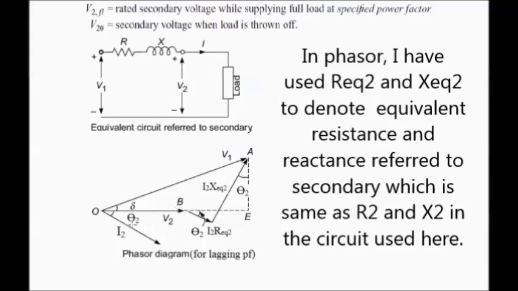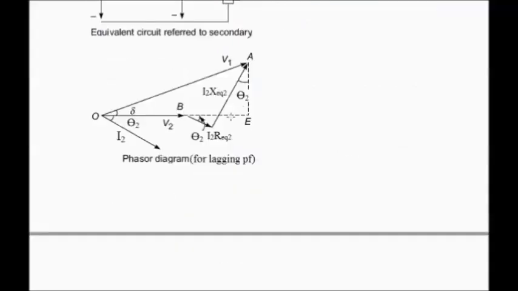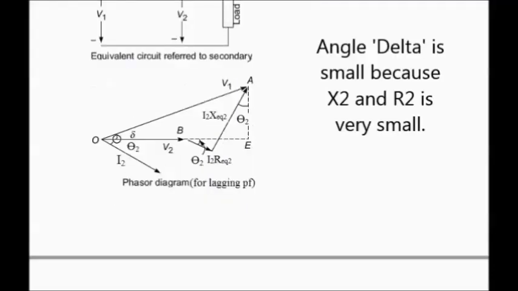So V2 is here, then I have I2 R equivalent, and this is I2 X equivalent, so V2 plus I2 R equivalent plus I2 X equivalent will give you the supply V1, and this is the angle theta 2. I can consider this V1 to be like this only, meaning I can approximate OA to be equal to OE, because this angle delta will be small. OE is what?